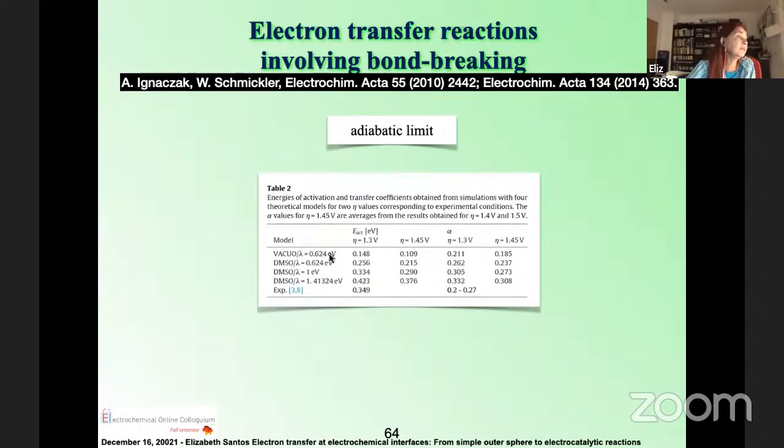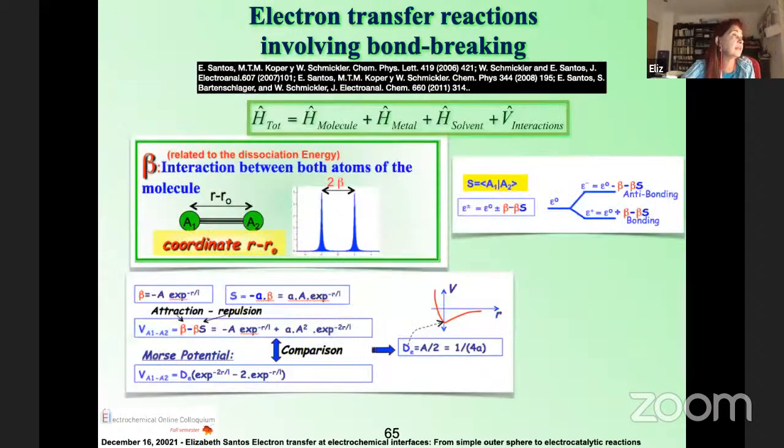And they agree with experimental data very well in that case.